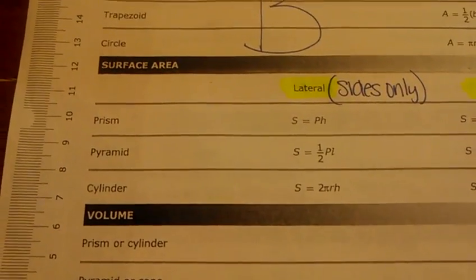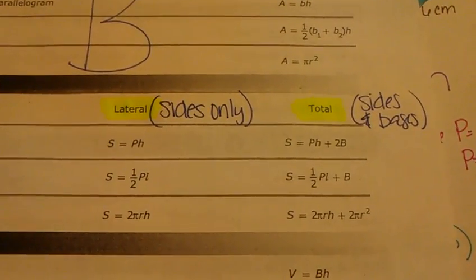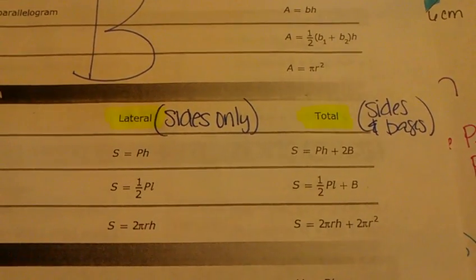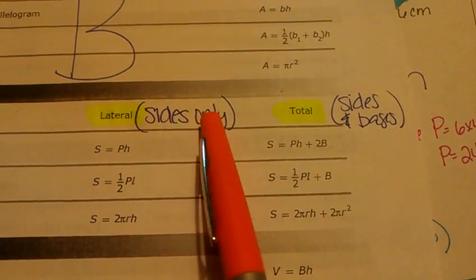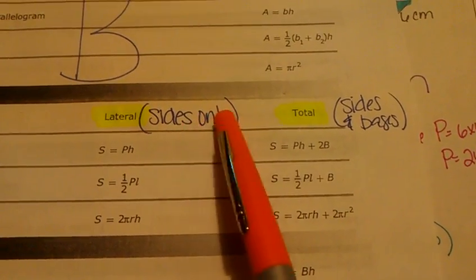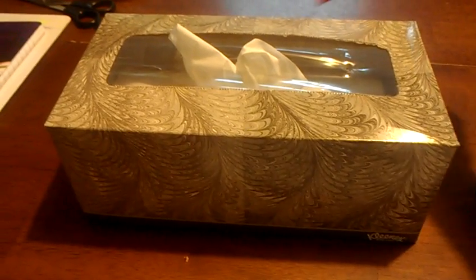As you can see from your best friend here, our formula chart, we've got 2 different surface area formulas. We've got lateral, and then we've got total. And as you can see up here, I've written a little note. Lateral means your sides, the sides only. So for this Kleenex box, I would just be talking about the 4 sides.